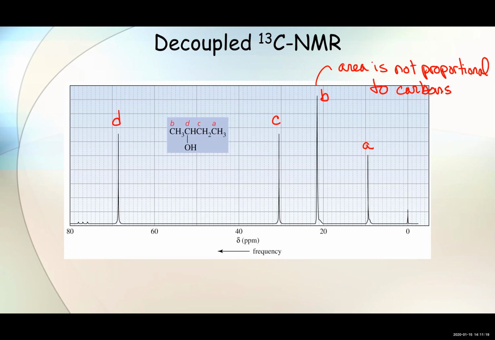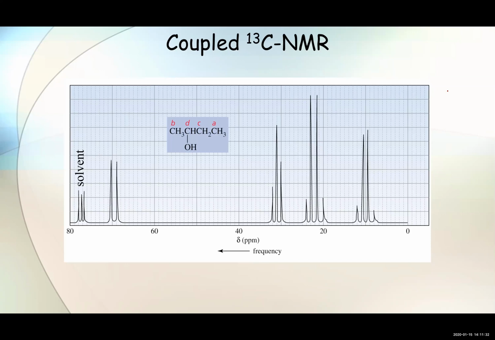So it turns out, though, you can make it so that the carbons couple to the hydrogens, and then you can see the number of hydrogens on each carbon. And this is what a coupled spectrum looks like. All right.